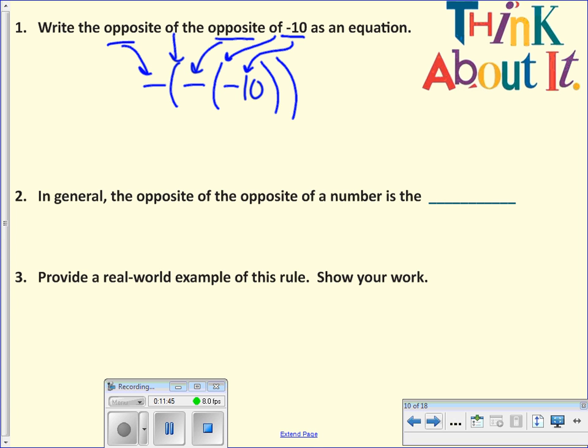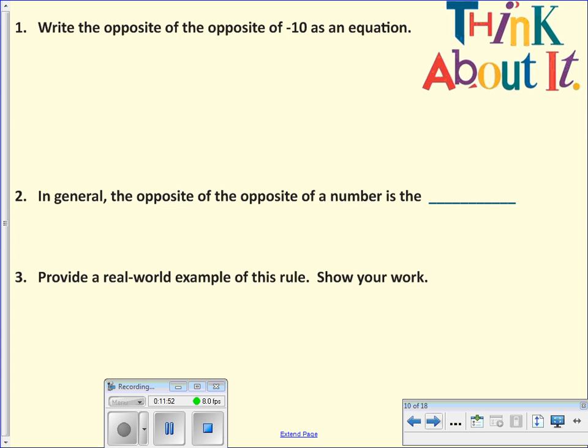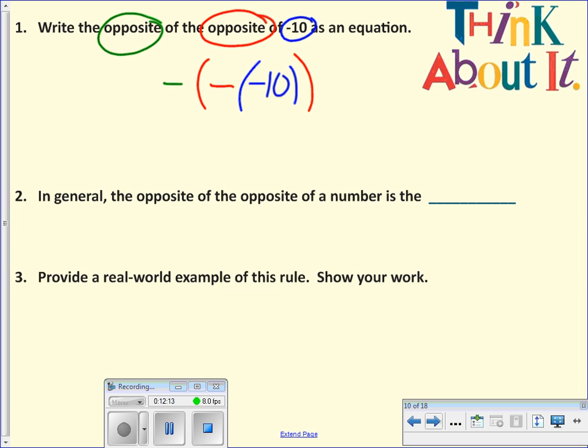I took each word and put it in parentheses. Or if you want to look at it this way: what do I have? Negative 10. So I'm going to put it in my protective casing. Then it looks for the opposite. So there's the opposite of it. But I'm not done. So I'm going to put it in my protective casing. I have another opposite. And there you go. So it reads as the opposite of the opposite of negative 10.